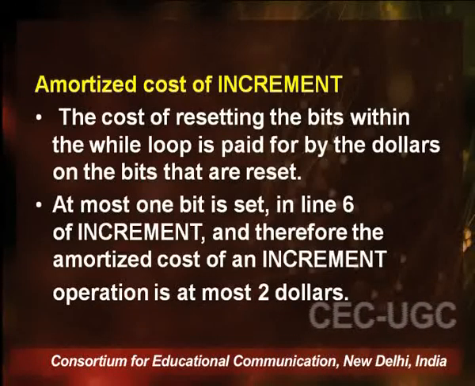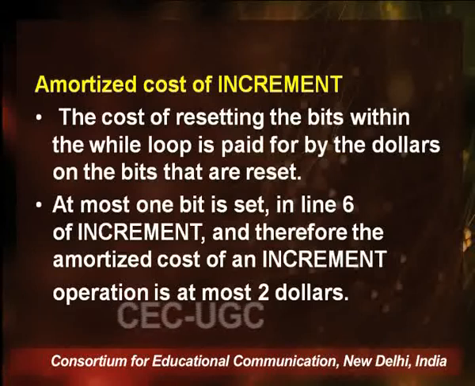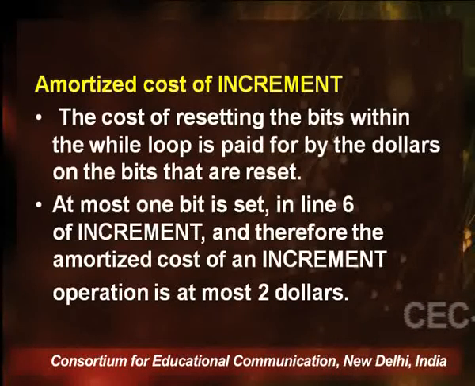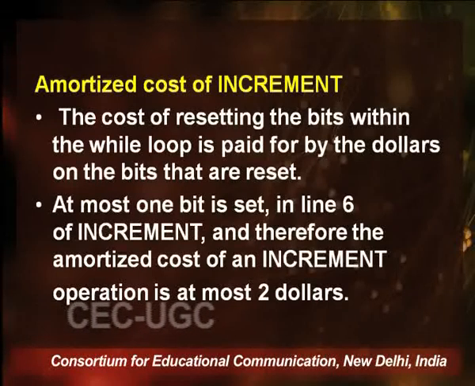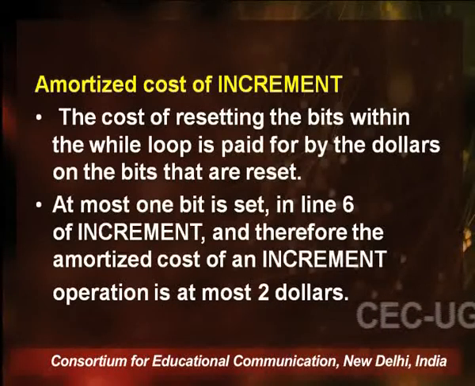If you can see the last line of the increment operation, at most one bit is set, and therefore the amortized cost of an increment operation is at most $2, and this is what we have charged for each increment operation. So one dollar will be used when that bit is to be set, and another will be used when that bit is going to be reset.